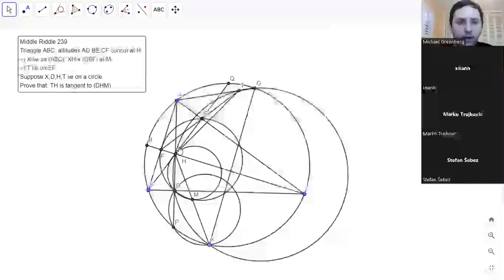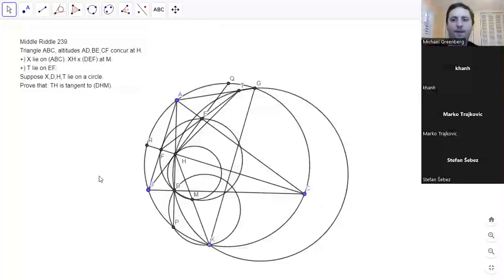Okay, so H and D, so EF gets swapped with BC. So T. Okay, so this circle would go to so H and D just get swapped. And so that circle, yeah.